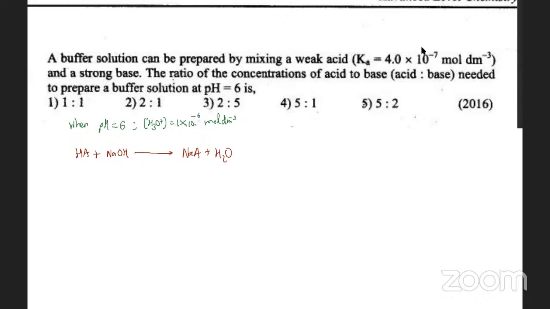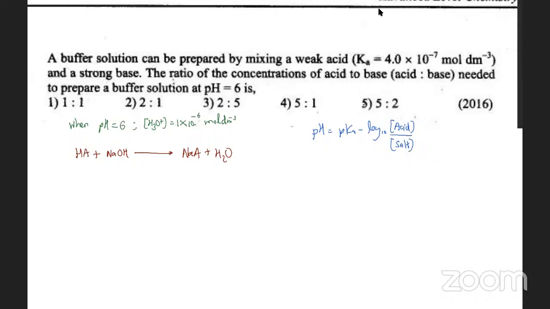Or else we go to Henderson's equation. We know Henderson's equation goes like this: pH is equal to pKa minus log 10 concentration of acid over concentration of salt. They are talking about acid to base concentration.